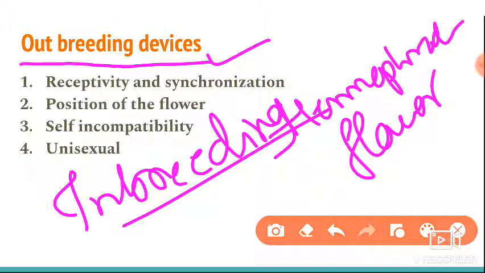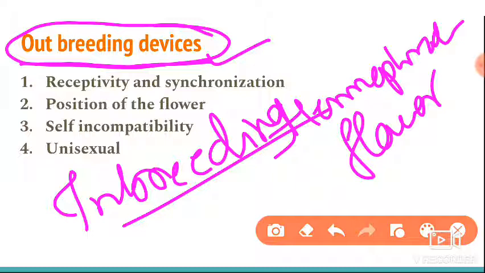So plants try to avoid continuous self pollination. For that they have developed some techniques or devices. Those devices we call outbreeding devices. What do the plants do?